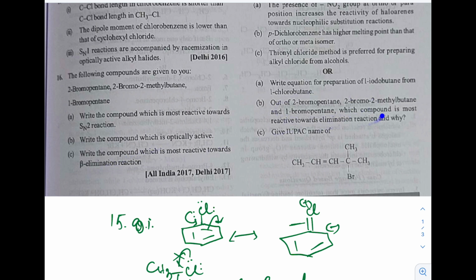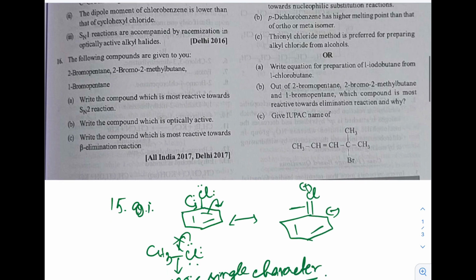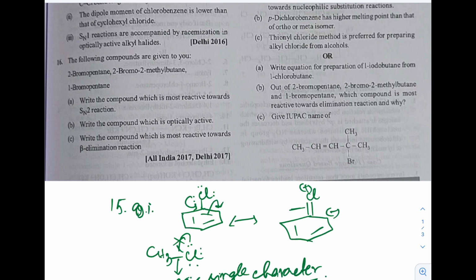This order you have to keep in your mind: in elimination reaction or beta elimination reaction, 3-degree alkyl halide becomes the fastest participant, then 2-degree, then 1-degree. So you check which is the 3-degree alkyl halide, and that will be the answer. So it's 2-bromo-2-methylbutane.